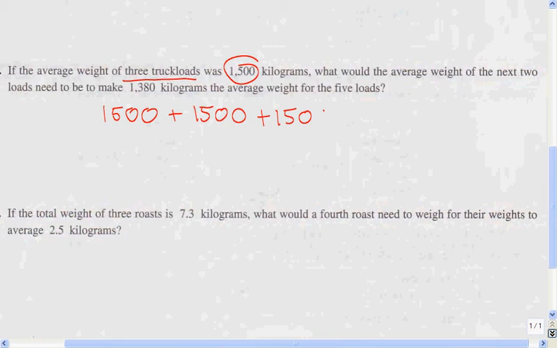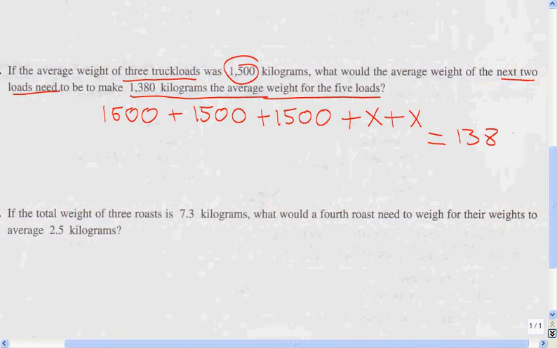Now they tell us that we have 2 more trucks, and we don't know the average of those, so we're going to add x plus x, and then we know that the total average is going to equal 1,380, right, for the 5 loads. Okay, and since there are 5 loads, I'm going to divide by 5.